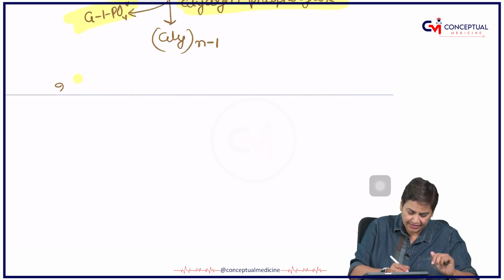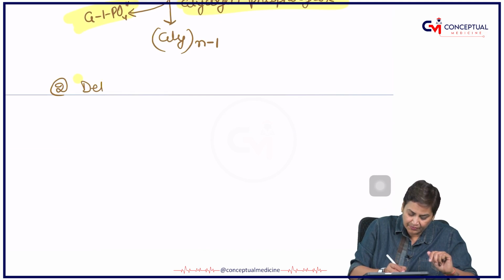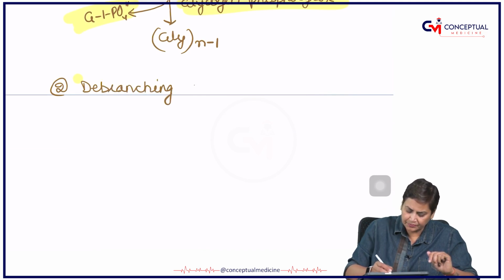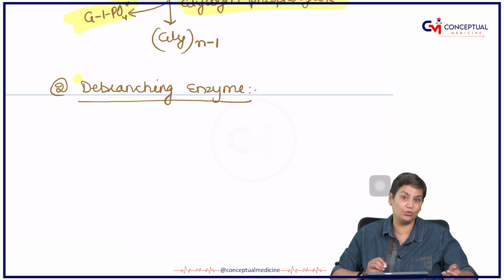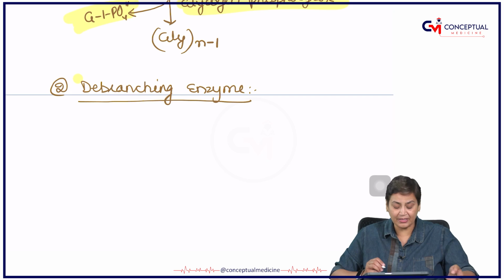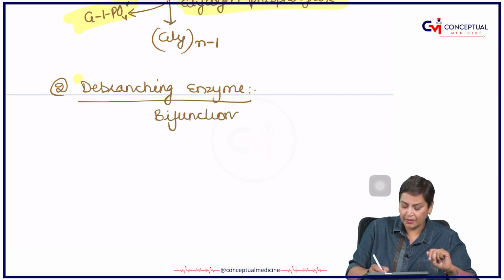Look, there it was branching enzyme, here it is debranching because we have to actually break this glycogen into glucose. So we have to remove the branches. Now how do we remove the branches? This debranching enzyme is a bifunctional enzyme. It has two activities.